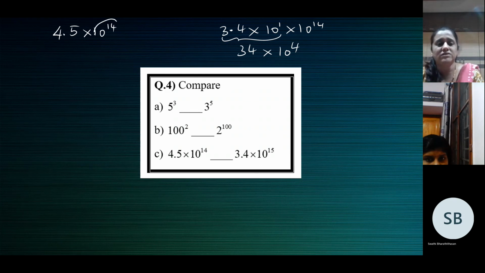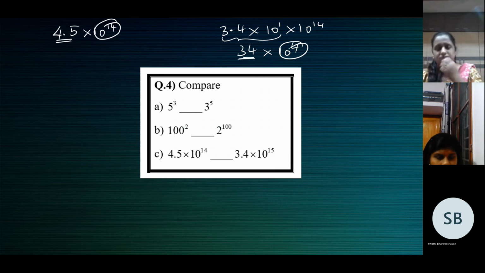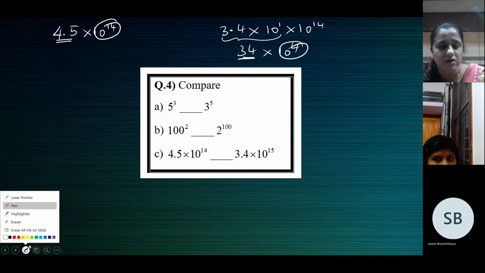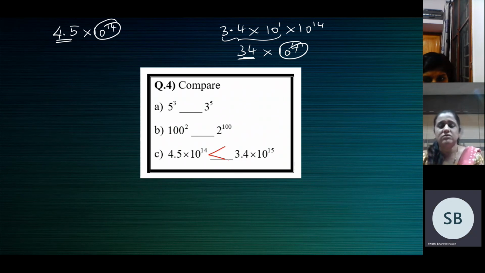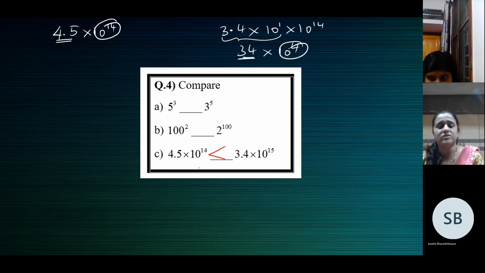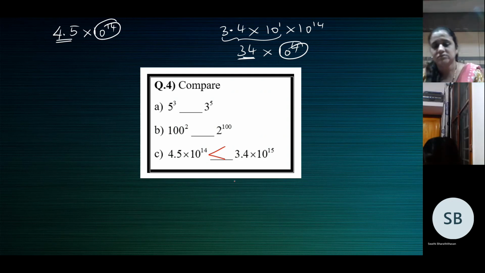So these two parts are equal. So 10 to the power 14, 10 to the power 14. Now we need to compare 34 and 4.5. Which is greater? Ma'am, 34 is big, ma'am. Yeah, so this is the sign. 4.5 into 10 to the power 14 is less than.